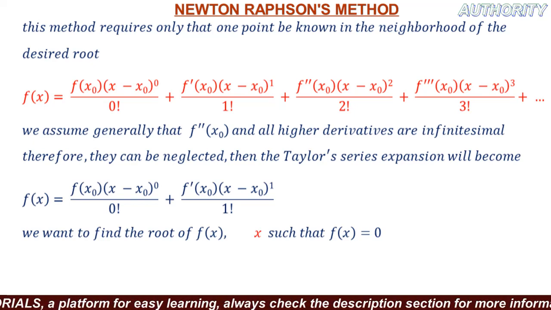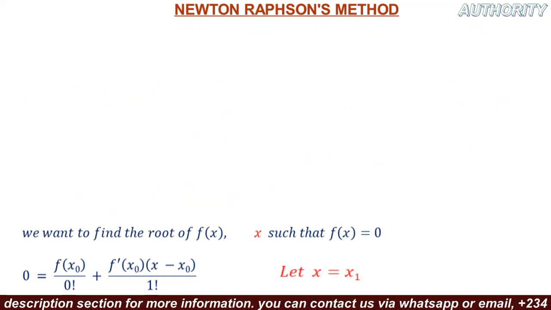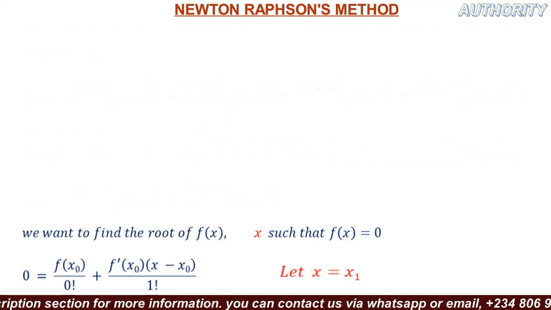Now let's go. We are looking for the value of x such that f of x will be 0. So we have 0 is equal to f of x naught all over 0 factorial, plus f prime of x naught times x minus x naught all over 1 factorial. We can replace x with x1, let's call the x we are looking for x1.